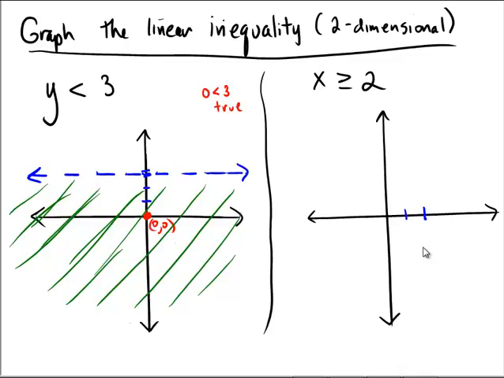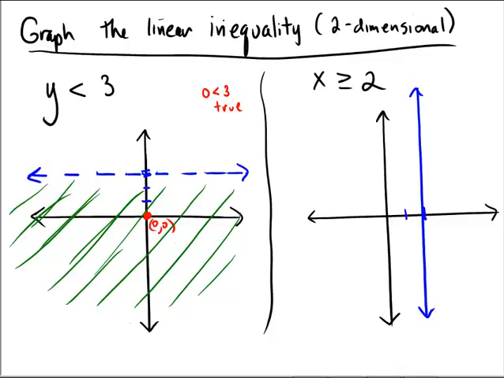Again, I know that it's not just equal to 2, it's bigger than or equal to 2, but I'm going to take x equals 2 as the border. So I'm going to come over here to x equals 2 and draw in a line. And this time it's going to be a solid line because it says bigger than or equal to. So dashed line for less than, up to but not quite including, or bigger than. And if it's potentially equal to, we'll use a solid line.